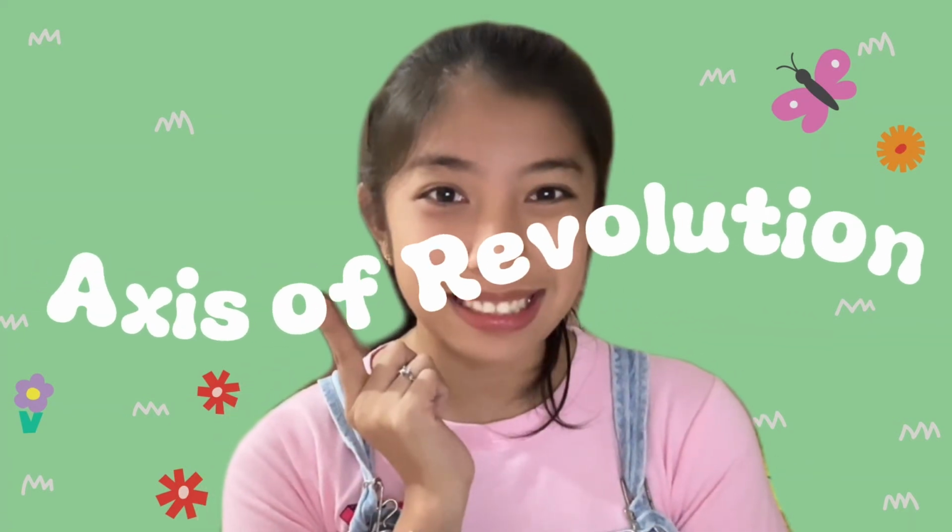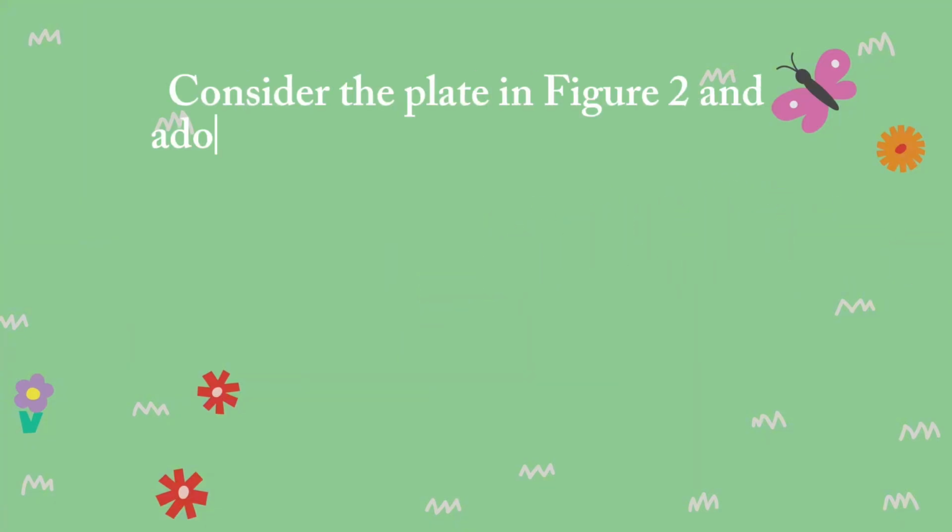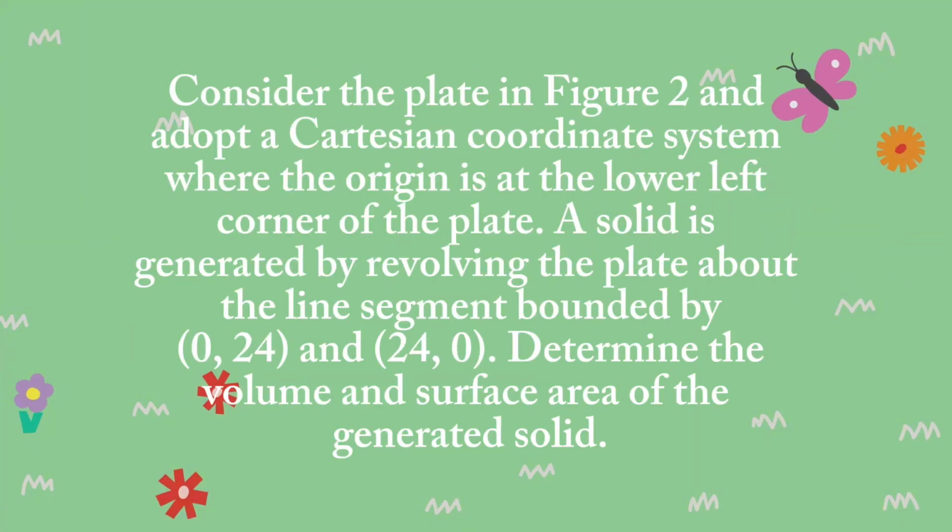We only need two things. But before that, we must find the axis of revolution. According to the given problem, the solid is generated by revolving the plate about the line segment bounded by (0, 24) and (24, 0).